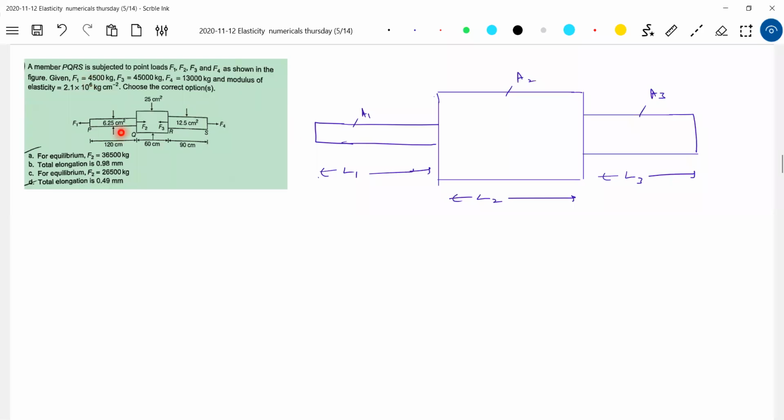We don't know, F2 is what is asked. And look at F4. F4 is how much? 13,000. 13,000 is here. So I'll directly take it like this. This will be 13,000 kg.